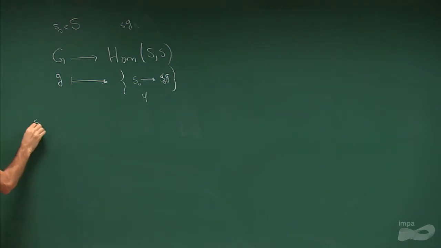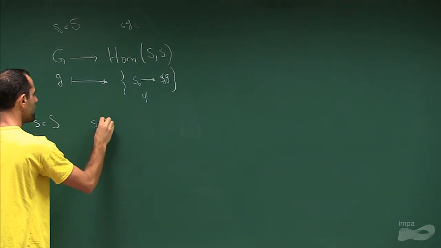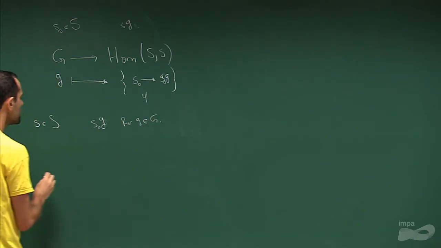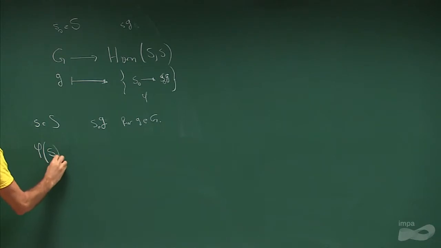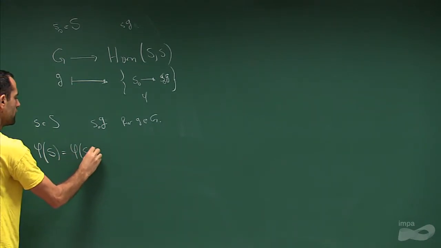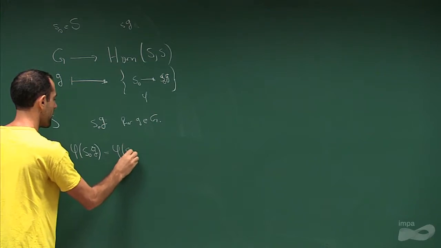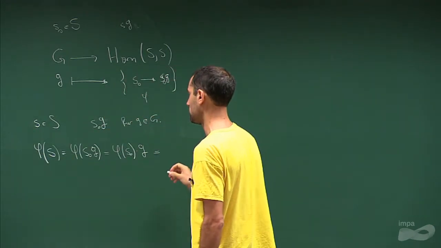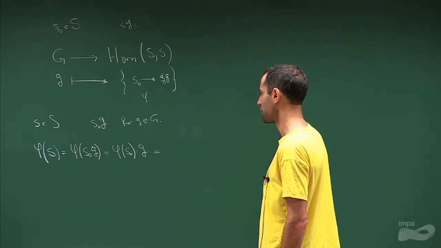Well, any element s in S is uniquely of the form s0 times, let's keep it g for g in G. So I define phi of s as phi of s0 times g, which, if phi is a morphism, has to be phi of s0 times g. Oh, shoot, the letters are sort of nasty.